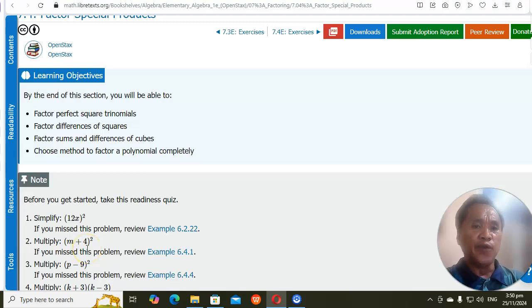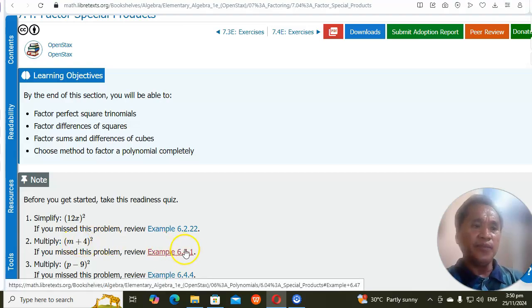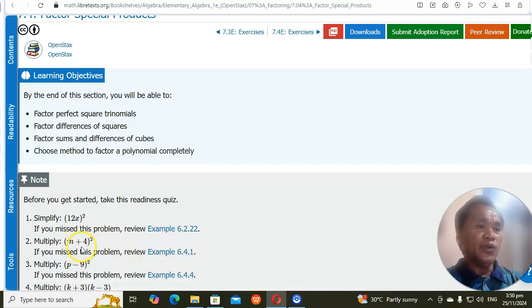You will get 4m, and then multiply it by 2, so you will get 8m for the middle term. And then for the last term in the product, you square the second term, positive 4, you get 16. So the product for this will be m squared plus 8m plus 16.